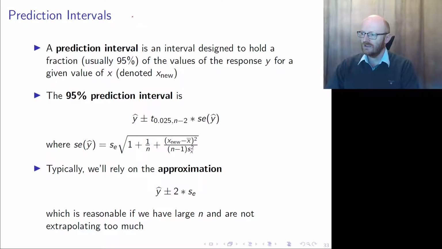So what I like to draw is this vertical line to have the y hat in the middle, because the prediction interval is symmetric, and we're going to talk about that during the next slide.